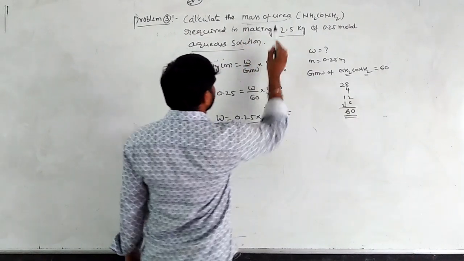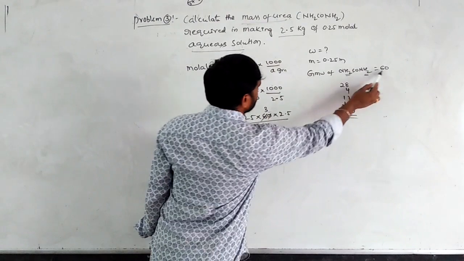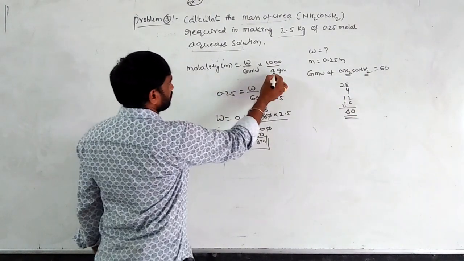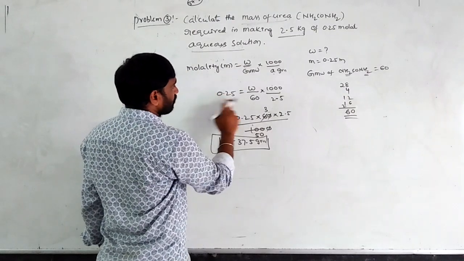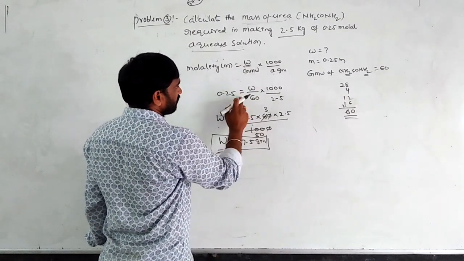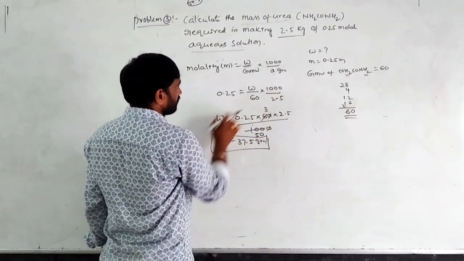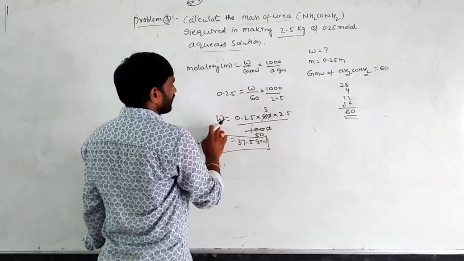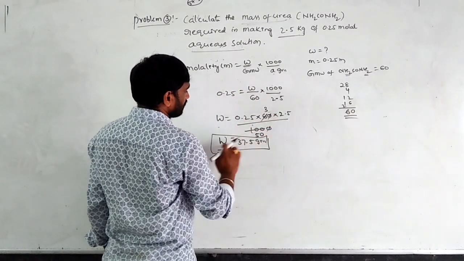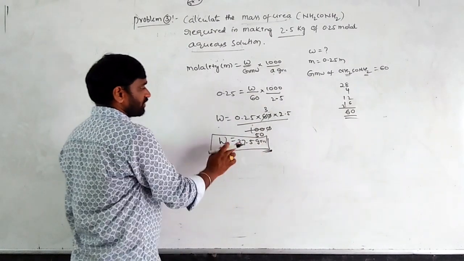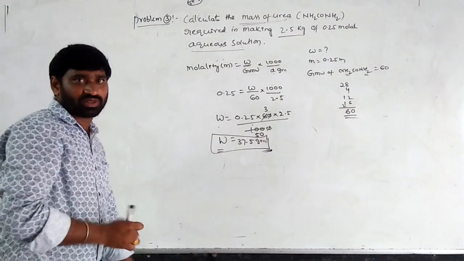Mass of urea is the weight. So gram molecular weight of urea equals 60 and A equals 2.5 kilograms. So weight equals 0.25 into 60 into 2.5 by 1000, equals 37.5 grams. So mass of urea equals how much? 37.5 grams.